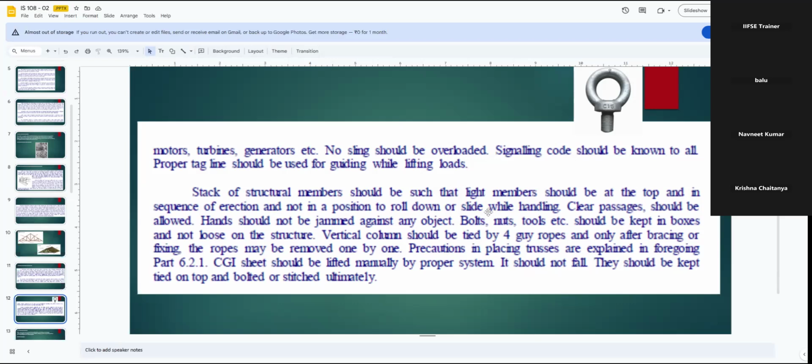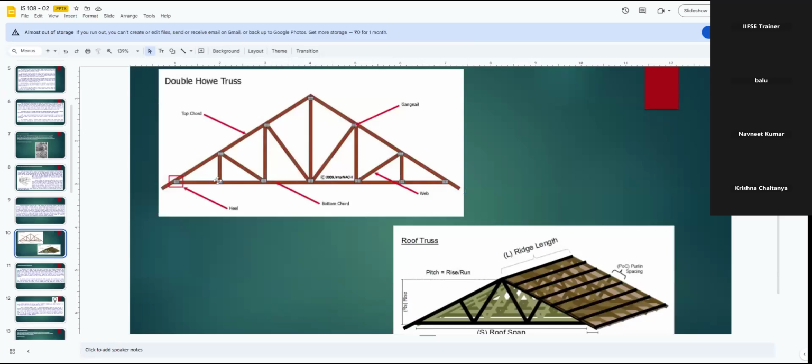Sometimes what will happen, they will attach multiple parts at the lifting, attempting for one lift. At that time there might be a chance of sliding of these pieces of the materials. So if you are not having proper center of gravity, if you are applying the belt somewhere here and one belt is here, what will happen?